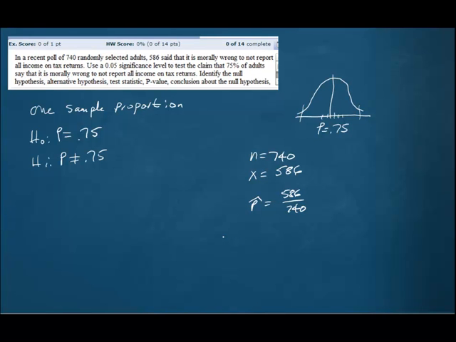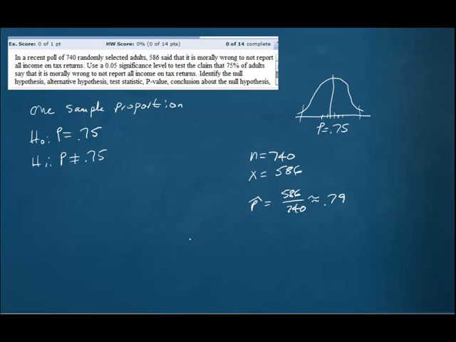If we were to express that as a decimal, we would get 0.79 after we round to two decimal places. Okay, well that is not 0.75. It's larger than 0.75, but is it way up here in this tail? Is it that far? Well, we need to determine that by calculating the test statistic and the p-value.